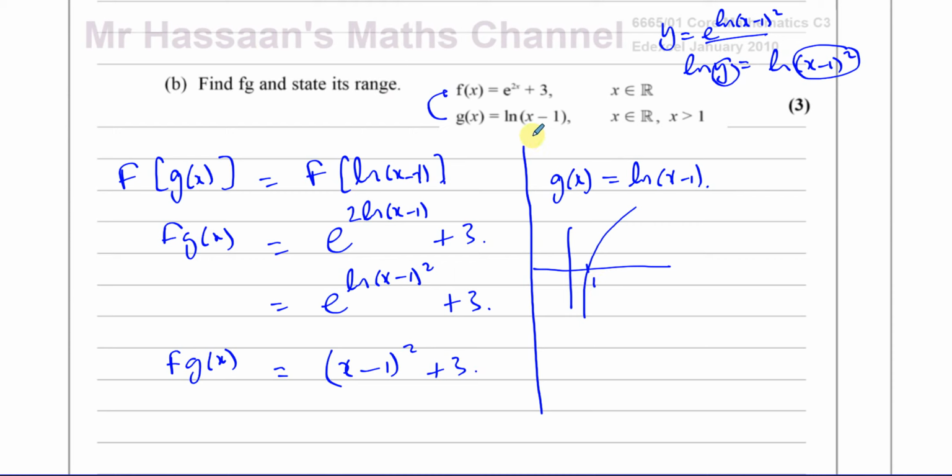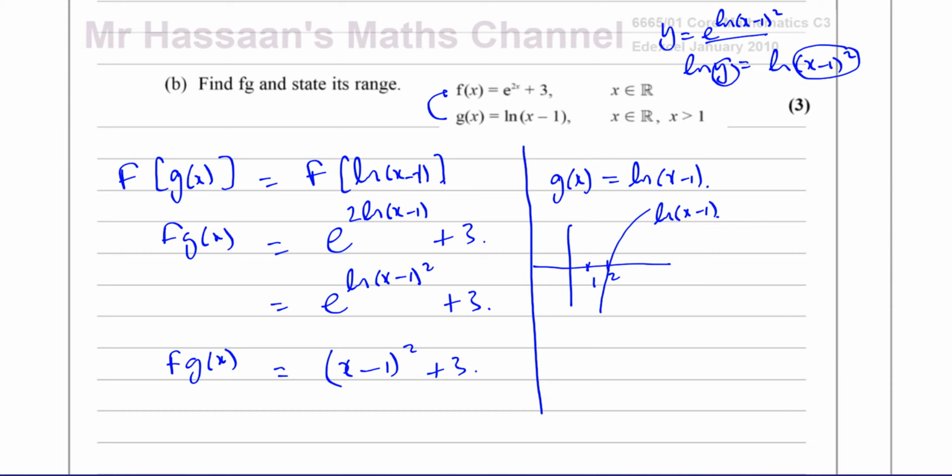Now ln of x minus 1 is like a translation of 1 unit to the right. If you transform this 1 unit to the right, you end up with this being 2 here. So this is ln of x minus 1.